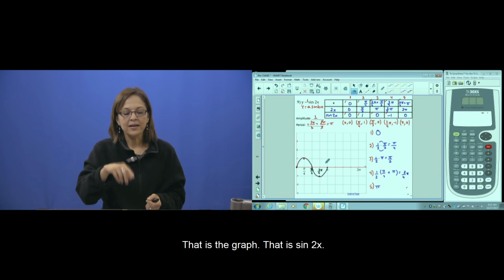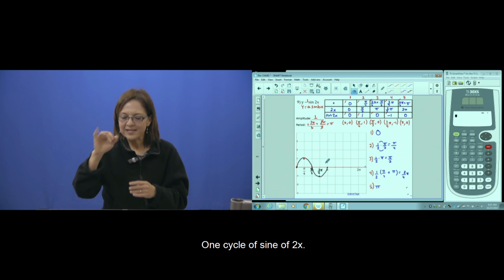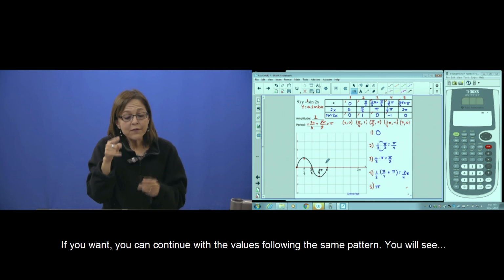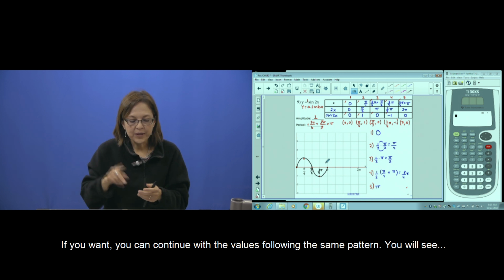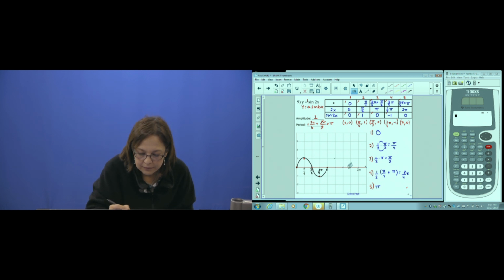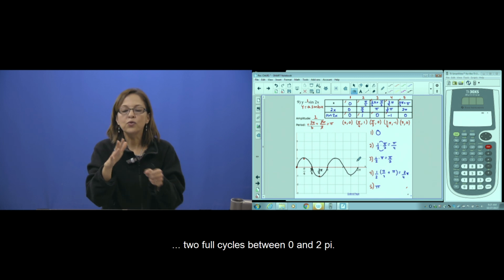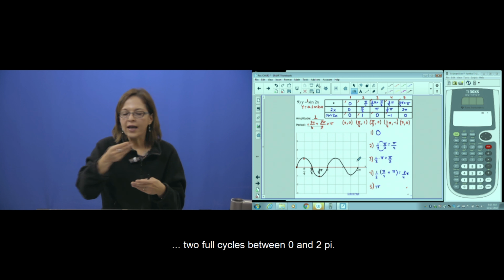That is sine of 2x, one cycle of sine of 2x. If you want to continue with the values, follow the same pattern, you will see two full cycles between 0 and 2 pi.